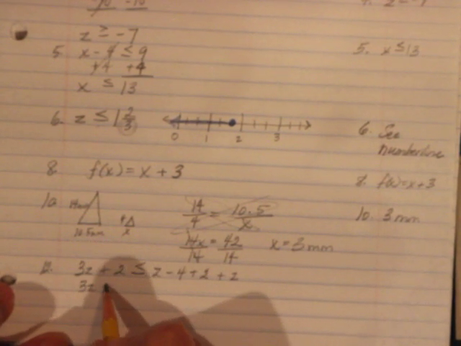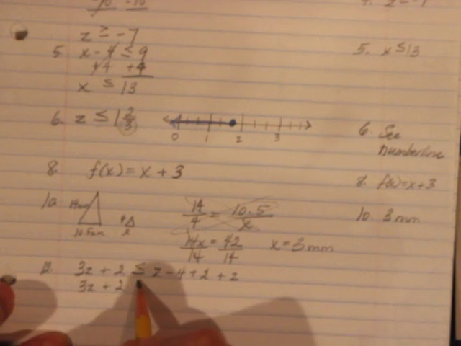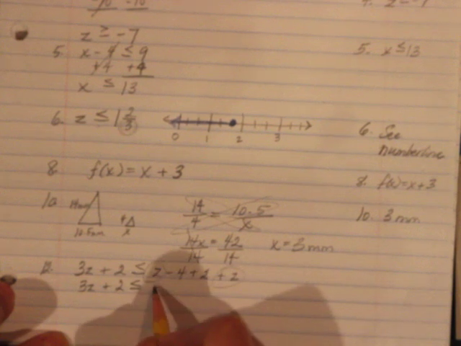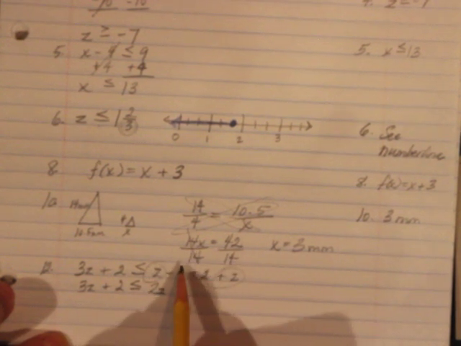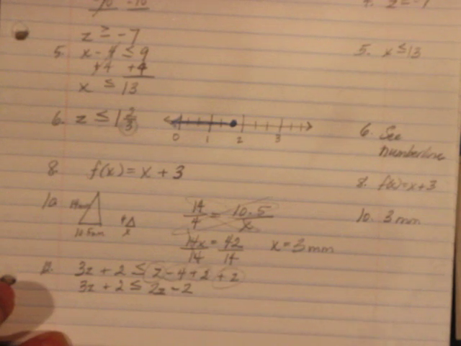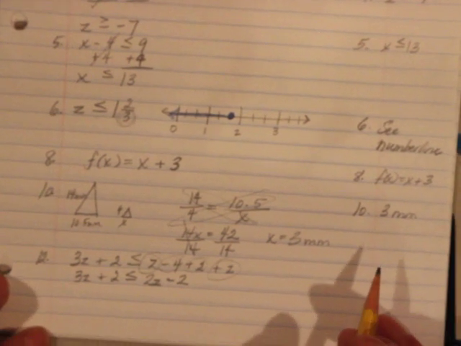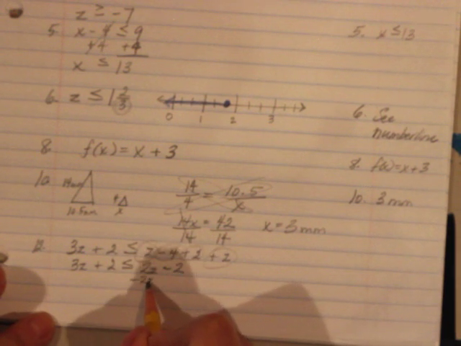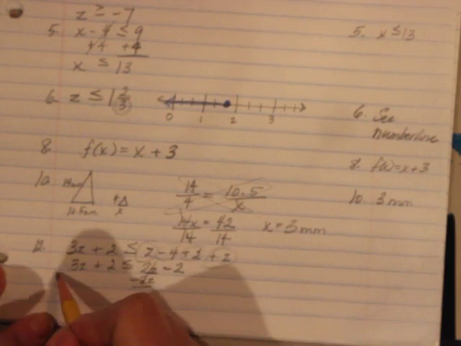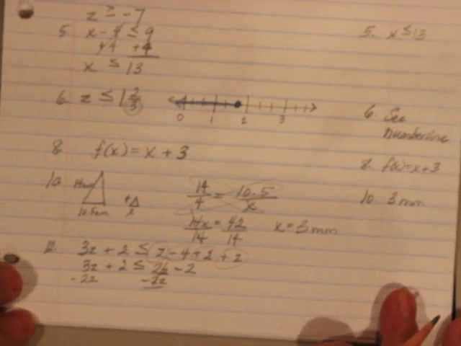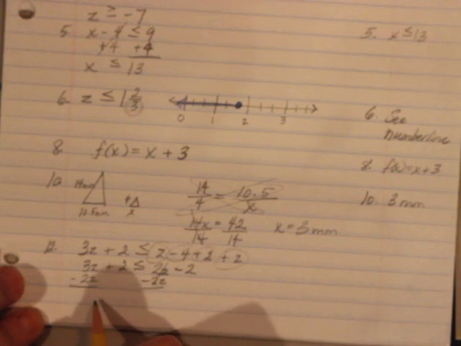I'm just going to rewrite these as they are because there's nothing for me to combine on this side. However, on this side, I've got a z and a positive z, so that gives me 2z, and I've got a negative 4 plus 2, which is minus 2. Now let's move the 2z. I'm not going to divide it, I'm going to subtract it because I need to move the entire thing. Subtract my 2z on this side, which 3z minus 2z is simply z.